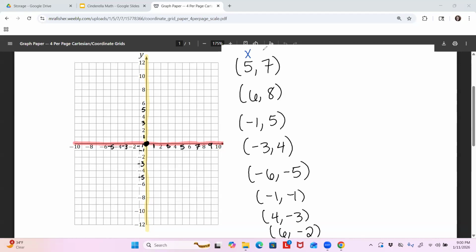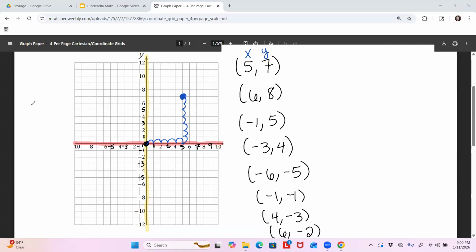So this is our x, this is our y. Starting at the origin, on the x, come over 5 to positive 5. That's going to be right. 1, 2, 3, 4, 5. You don't actually want to do those bumps, I'm just illustrating. And our y value is 7. So from where we are at 5, come up, because it's positive, 7. 1, 2, 3, 4, 5, 6, 7.